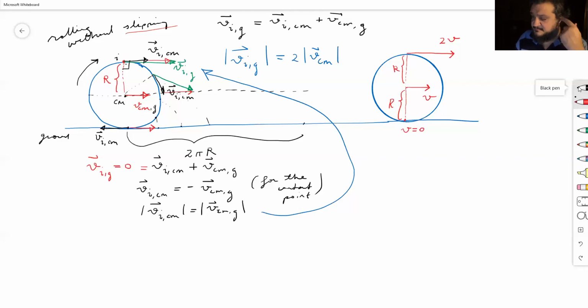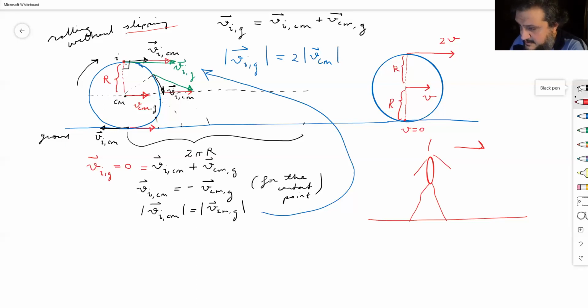Now, compare this to not an object which is rolling, but walking. When you're walking, let's say, I'm going to draw a stick figure here. This is the torso of the person, and now these are the legs. A really bad picture, but you get the idea. The person's walking.